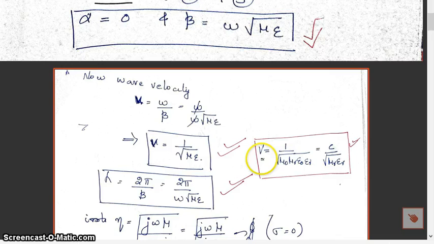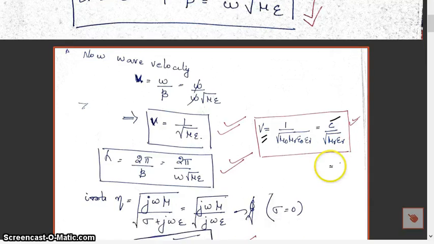And here you can see the relation connecting the velocity of the electromagnetic wave in the medium, and C is the velocity in air. The relation connecting V and C is V is equal to C by square root of mu r epsilon r, because in this case we have mu 0 and epsilon 0.